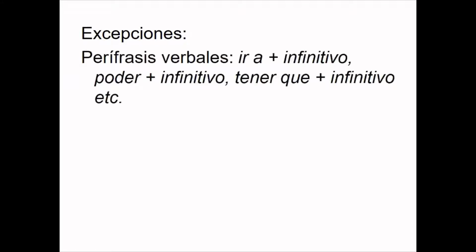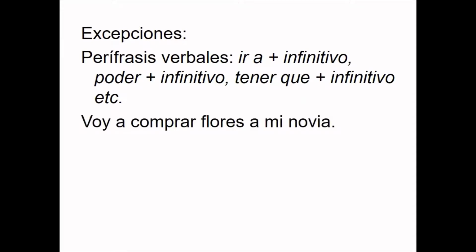Now, let's talk about the exceptions. When we have a structure composed of two or more verbs, one of the verbs is in the infinitive, the unconjugated form of the verb, as in voy a comer, tengo que comer, etc. Voy a comprar flores a mi novia.